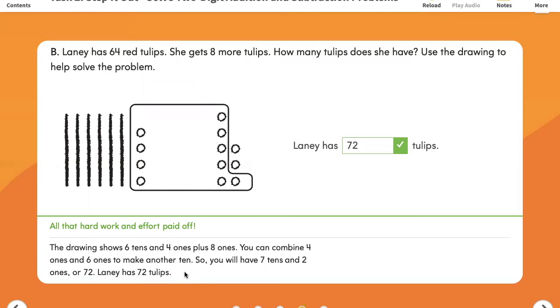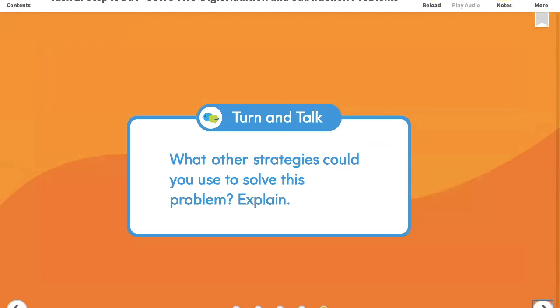So you will have 7 tens and 2 ones, or 72. Lainey has 72 tulips. What other strategies could you use to solve this problem? With a family member, I want you to discuss this question. Make sure to explain.